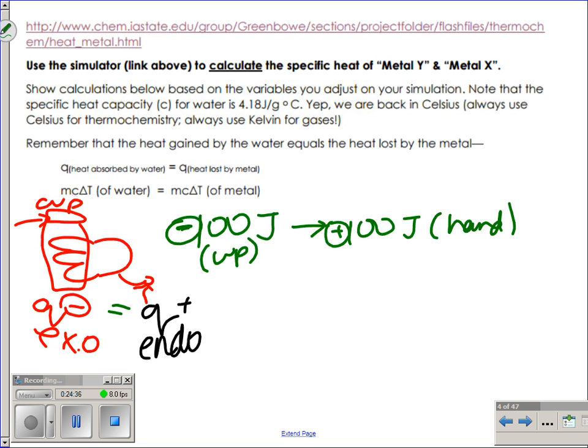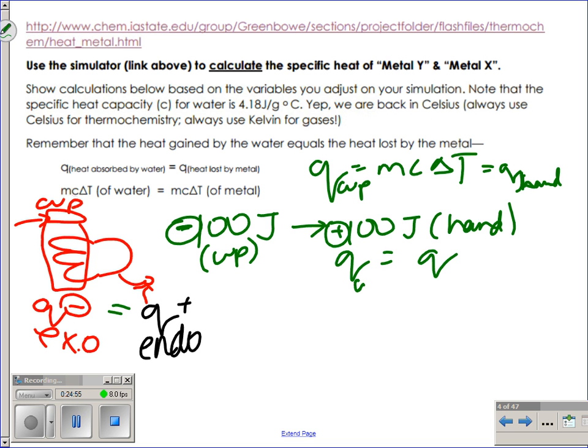Okay, so as we note that, this Q equals MC delta T for the cup can be set equal to the Q of your hand, the heat that your hand is absorbing, because they're the same thing. If I can set Q equal to Q, cup and hand, I can set the stuff that Q equals to the stuff that Q equals.